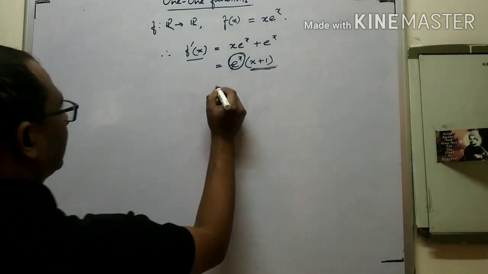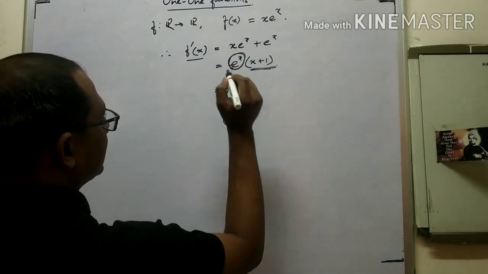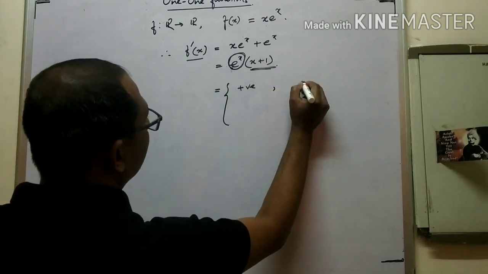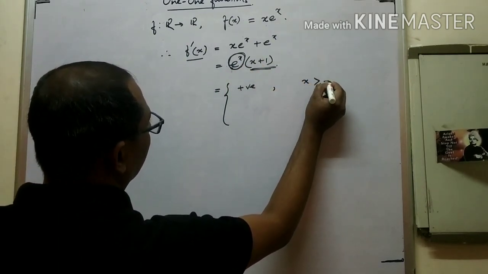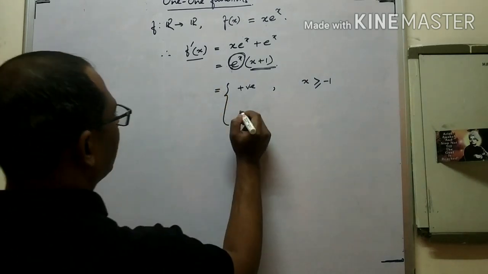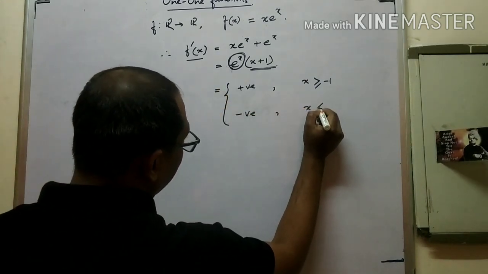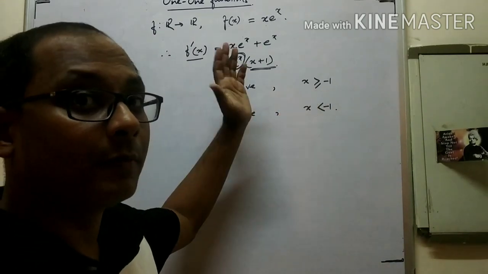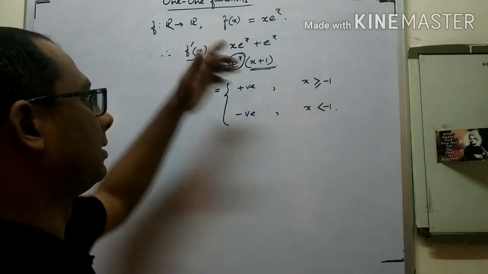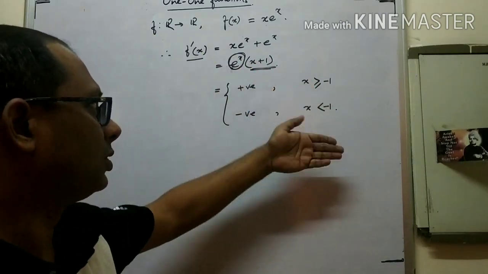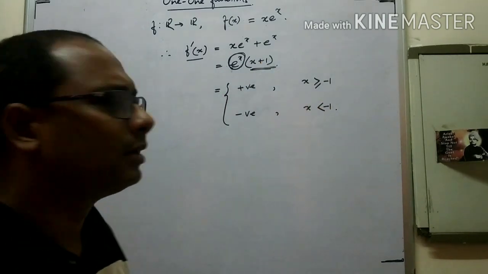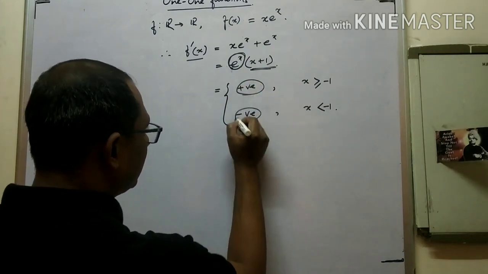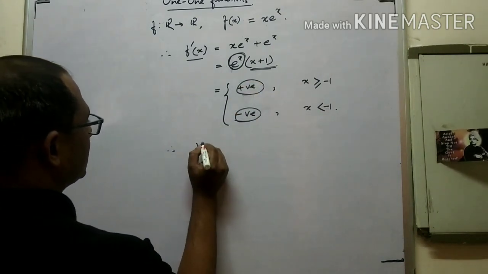Quite clearly, this entire value f'(x) will be positive when x is greater than or equal to -1, and this value will be negative when x is less than -1. Now we have to check whether these values are possible for the domain of the function. What is the domain? R. Yes, both these intervals are part of the domain. So in one part of the domain f'(x) is positive, in the other part it is negative. So we'll conclude the function f is not 1-1.